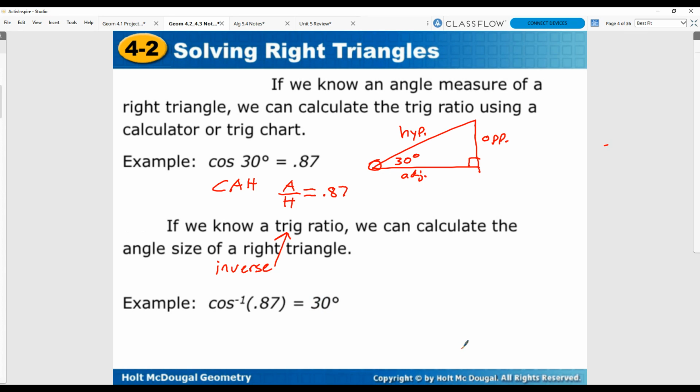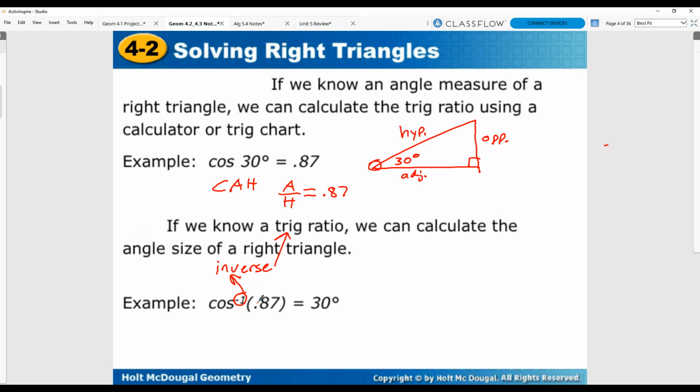And on your calculator, if you look at it, you'll see a button with this -1 there as an exponent. It doesn't mean we're actually going to do anything with that exponent. That just means it's a math term for inverse. So a -1 means we're doing the inverse. It's signaling that.